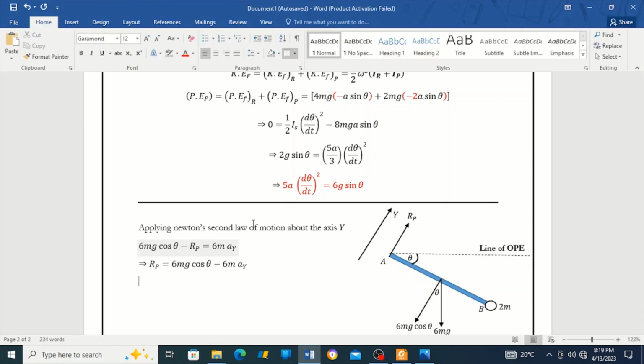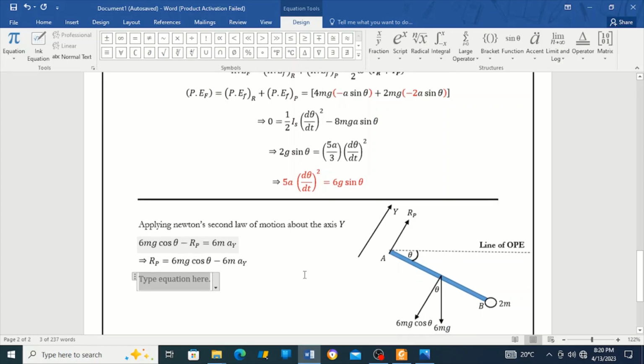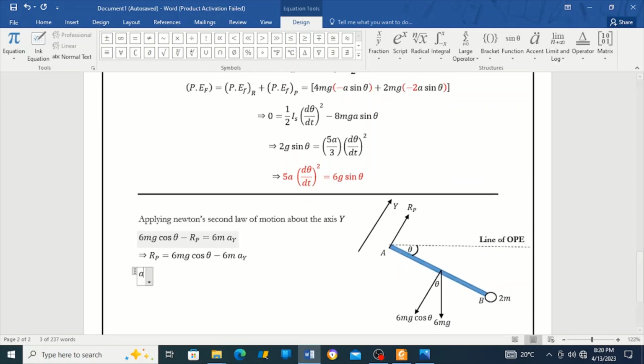Now what is our ay? Like I said, it is the acceleration in the tangential direction.